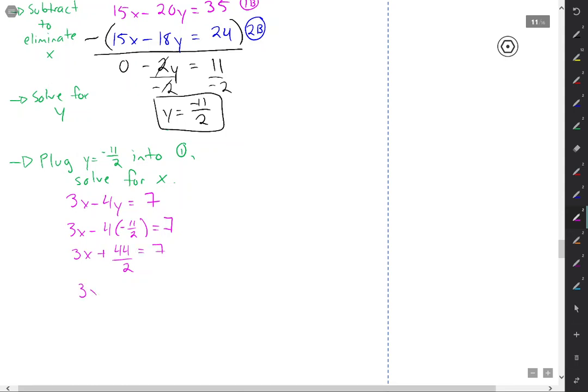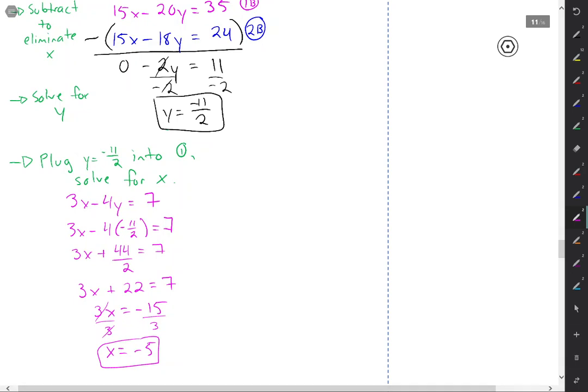And then that simplifies really nicely. 44 divided by 2 is 22. And then we are just going to subtract 22 from both sides of the equal sign. So we'd get 3x is equal to negative 15, and then we would divide by 3 on both sides. So our final answer will be x is equal to negative 5.